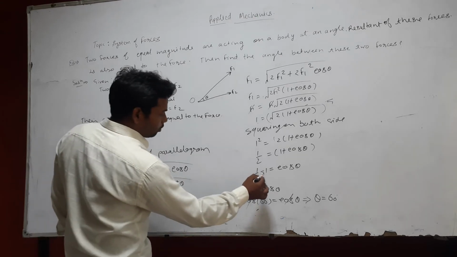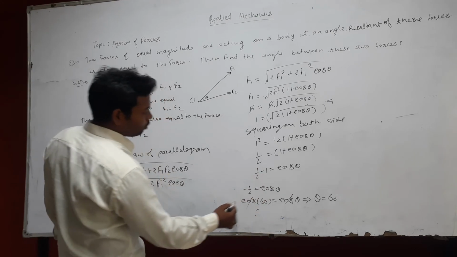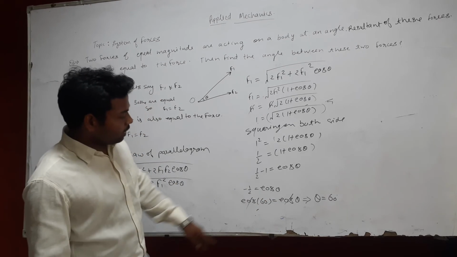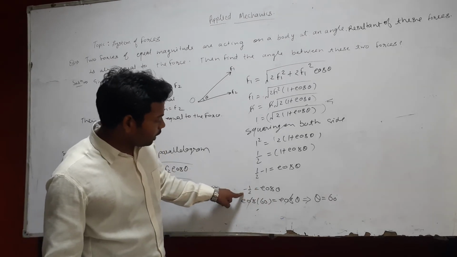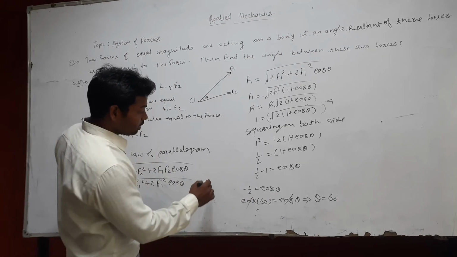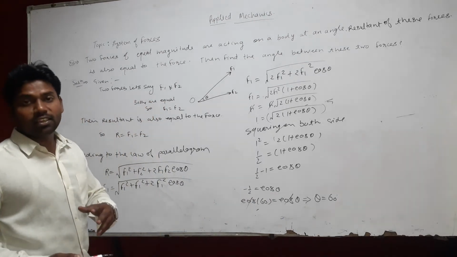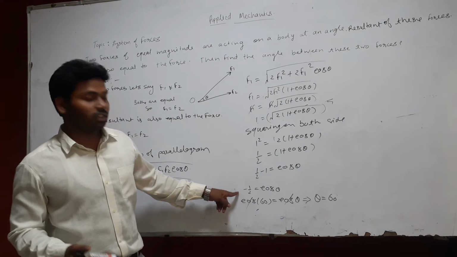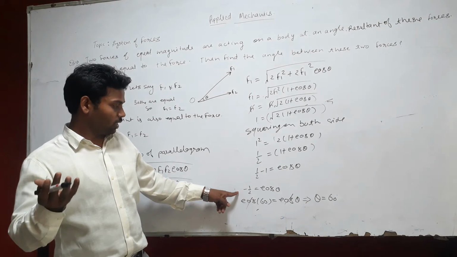Now subtracting 1 from 1 by 2 gives minus 1 by 2 equals cos theta. Actually cos of minus theta is equal to cos theta, there is no difference whether it is negative or positive.